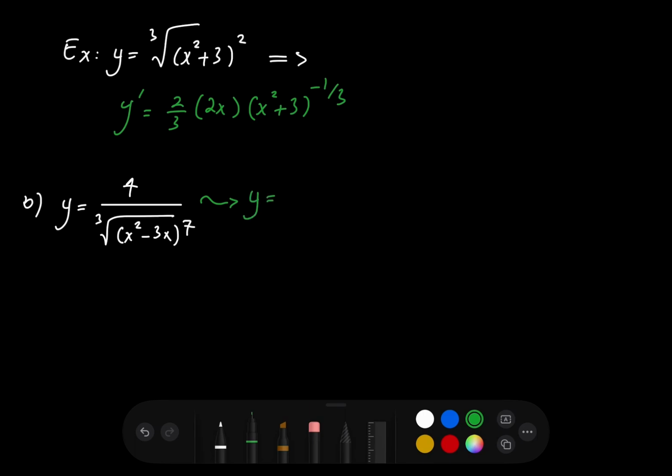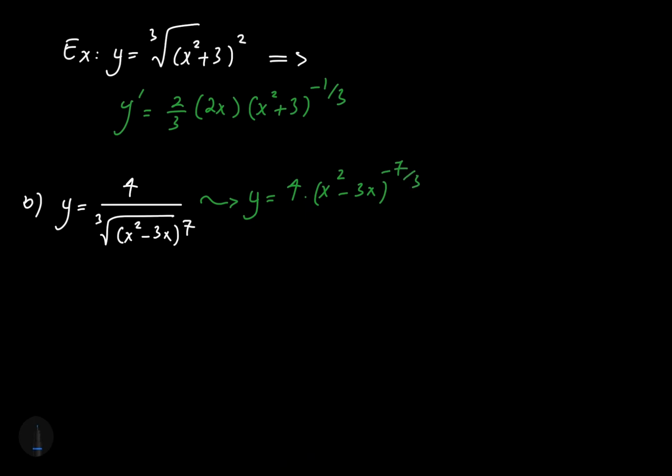So y looks like 4 multiplied by x squared minus 3x raised to the power of negative 7 over 3. If you were simplifying the function below, you can write it as y equals 4 over x squared minus 3x raised to the power of 7 over 3. And if you were to bring this up, then you would get the negative version, which is what I've written right here. So how do you take the derivative of this?